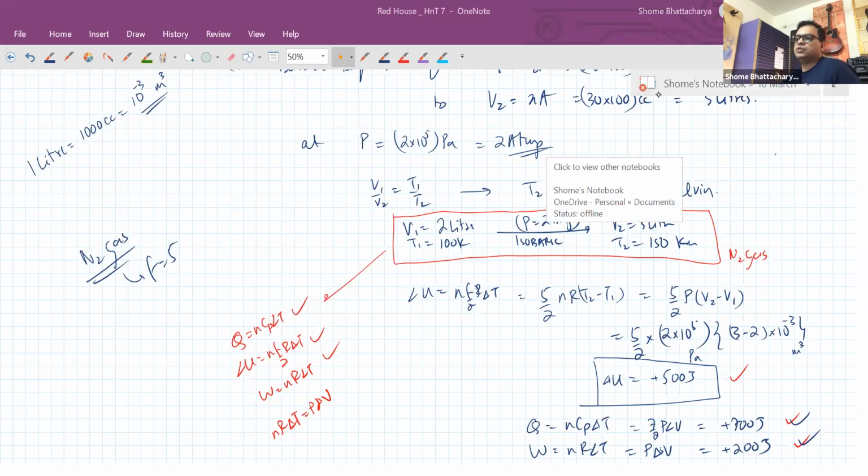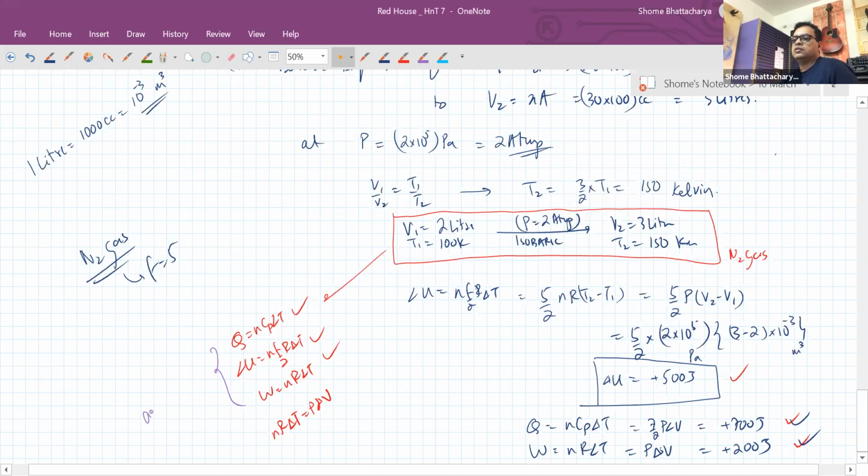That's correct, Vaishnavi. Very good. So you don't need to apply all three formulae. You can just apply any two of these formulae. Okay. Any two of these, and then use Q is equal to delta U plus W. That's correct, Vaishnavi. Do that also. Okay. So there are so many things you can do now.